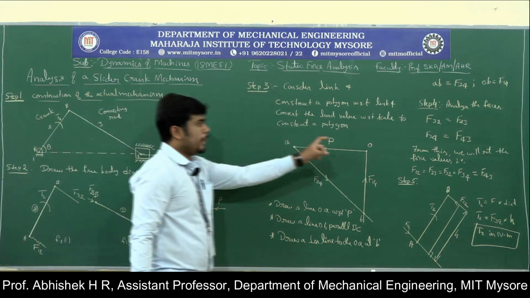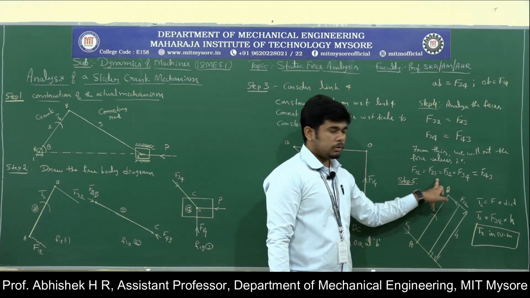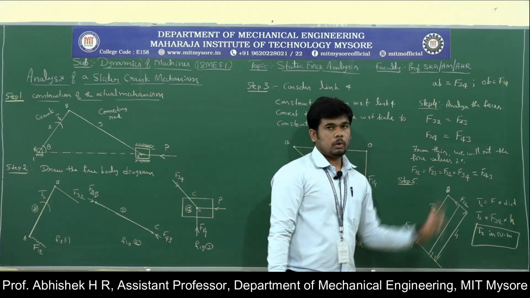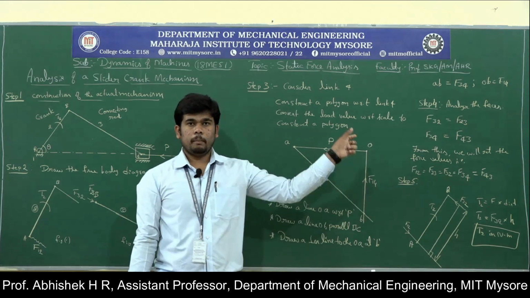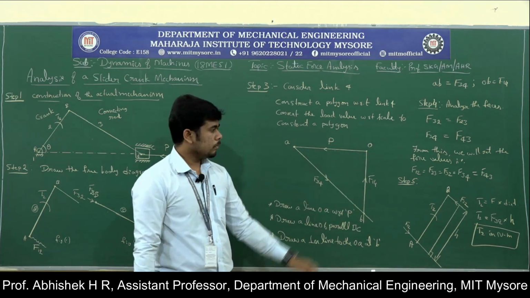So with respect to that, we get F12 equal to F23, F23 equal to F32, F32 equal to F34, F34 equal to F43. So mention the measured magnitude value from the polygon.